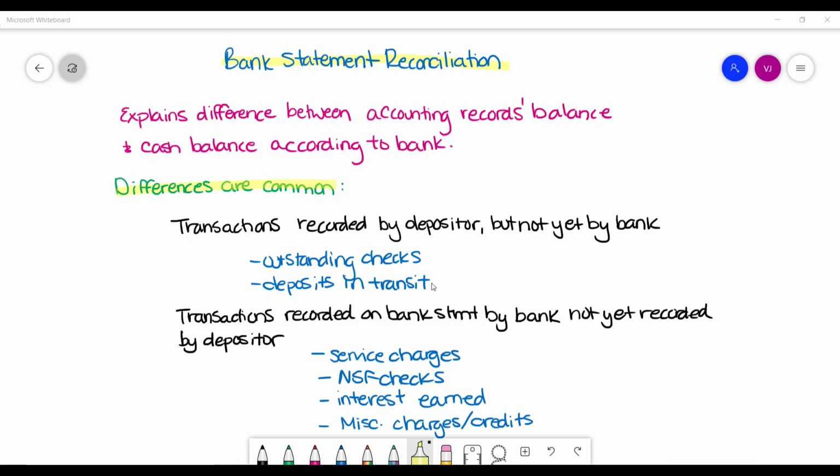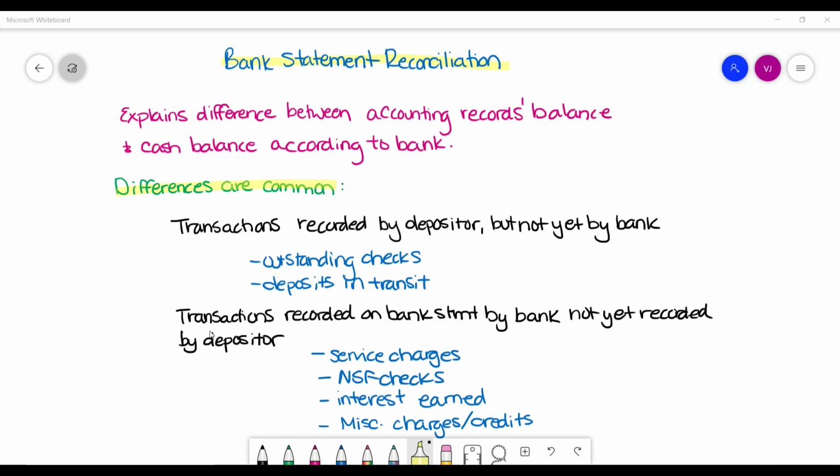So once we receive a check, we will debit cash immediately. But the bank won't know about that increase to cash because we first have to cash the check and then wait for the check to clear. Same with outstanding checks. When we write a check to someone, we treat it as cash. So immediately the company will credit cash within an entry, but the bank won't necessarily reflect that change until the check actually clears the bank, until the bank actually knows about that.